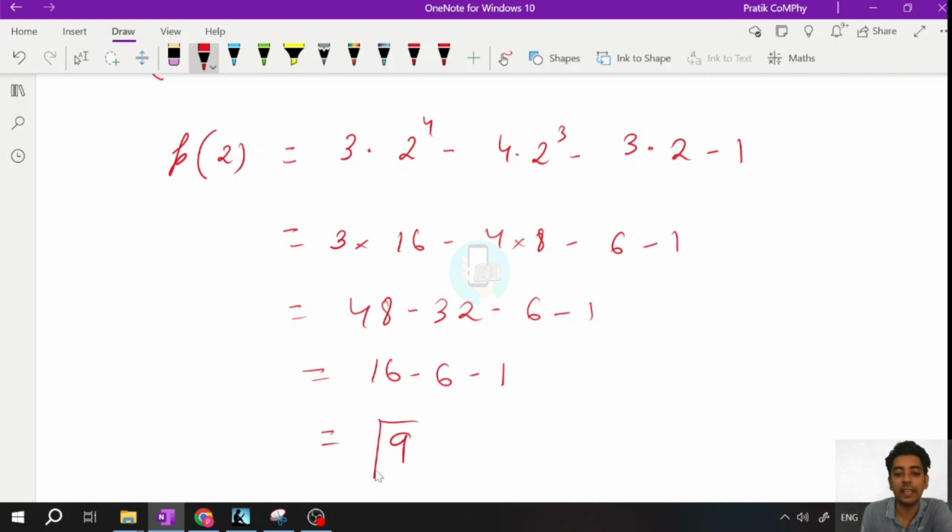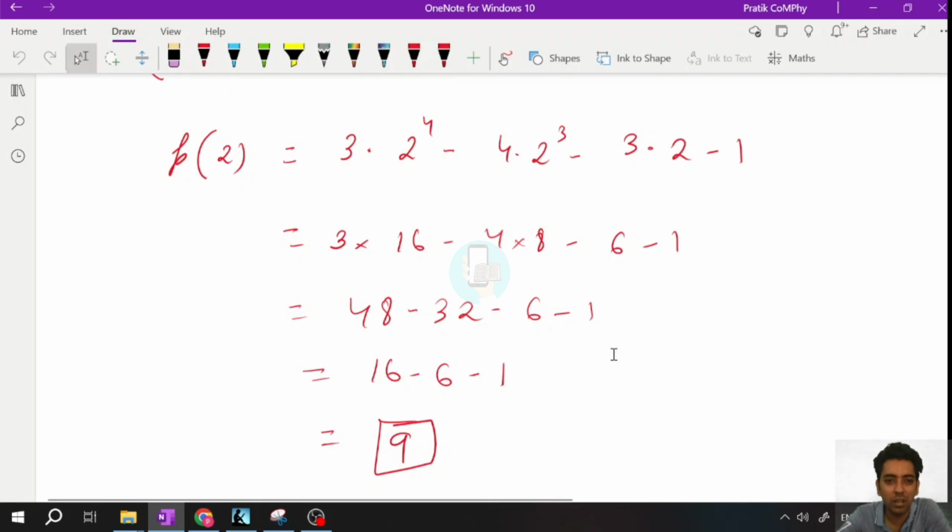That's nothing but 9. So what did we observe? We are observing that p of 2, after solving, gave a value, and this value is the remainder. So there's a relation to it, and that is what our next topic for the video is.